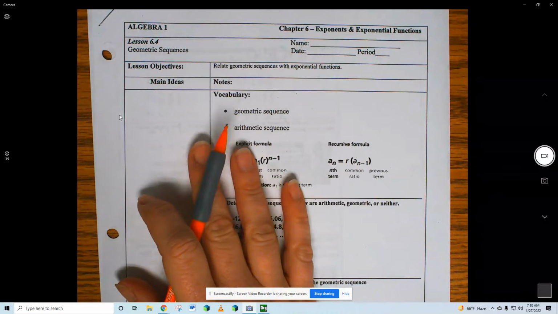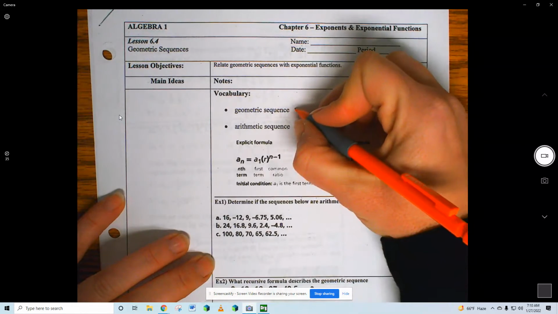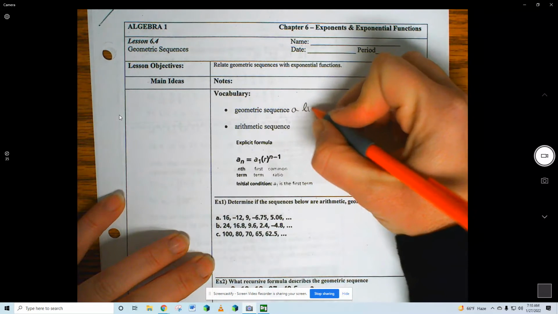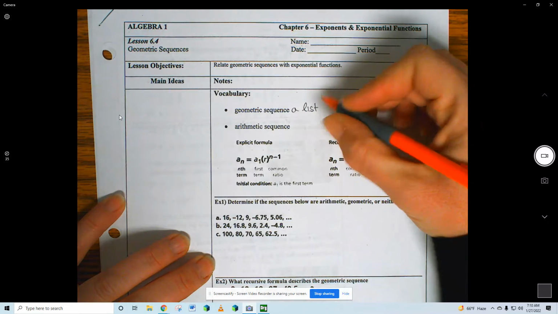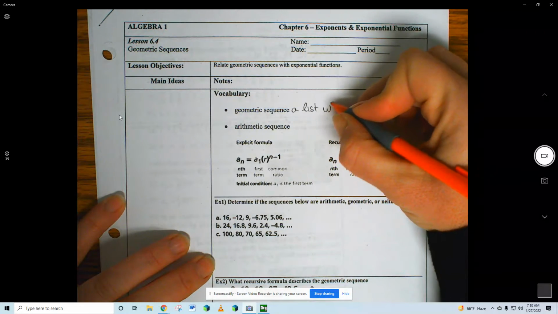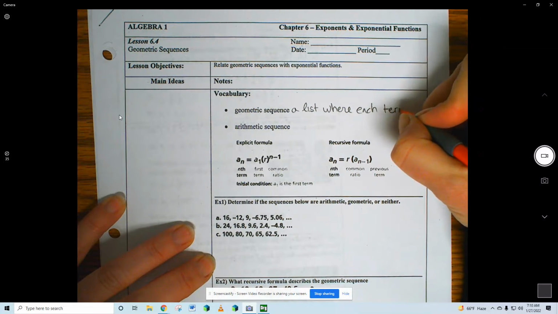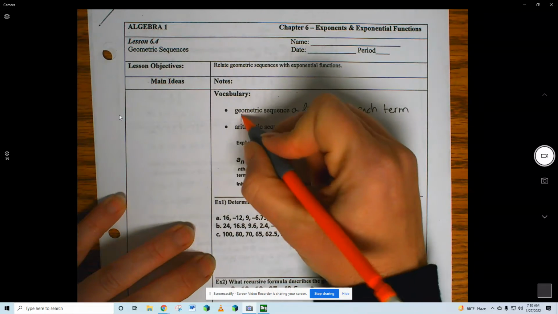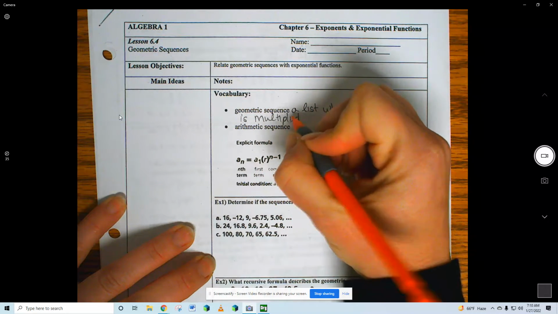A geometric sequence is a list where each term is multiplied by a common ratio.